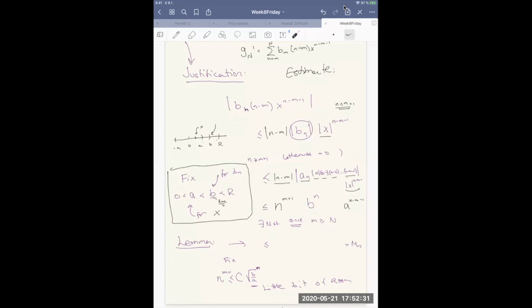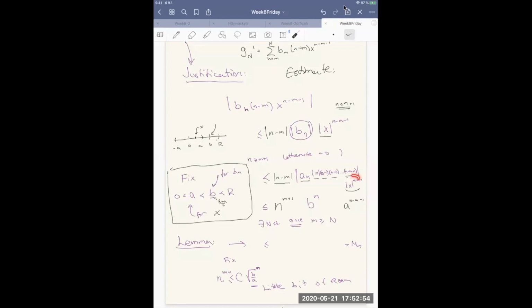First of all, we split it into three parts that we will estimate individually: n minus m, bn, and x to the n minus m minus 1. Each of these can be estimated. First, bn minus 1 is just n. The bn can be expressed in its form, so it's the original coefficient an times all the factors that we got from the differentiation.